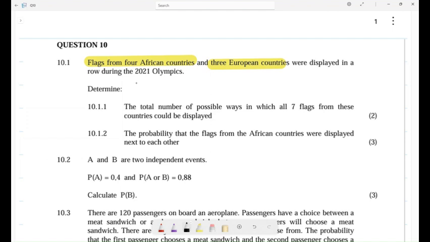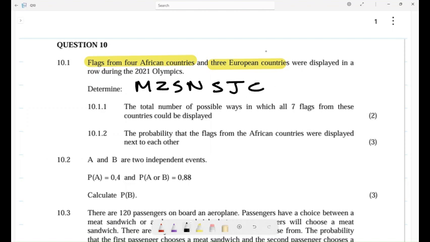So it means, let's say, Mozambique, Zimbabwe, South Africa, and Nigeria. And the 3 European countries, maybe let's say Spain, Japan, as well as China.